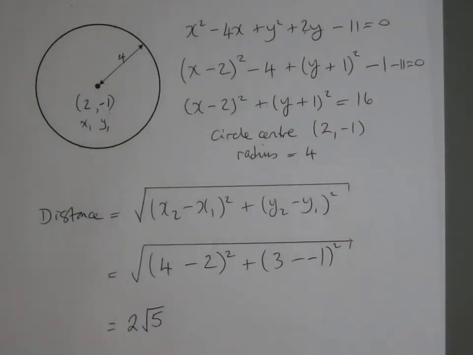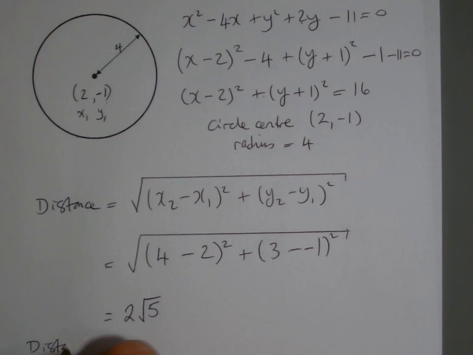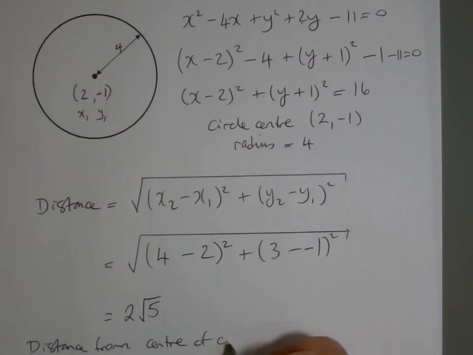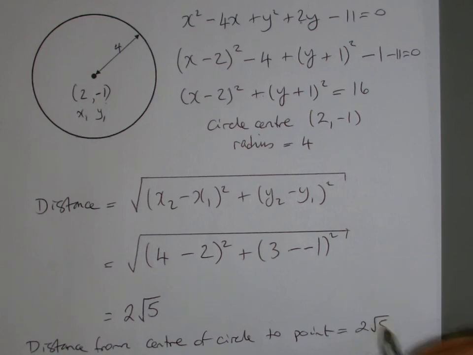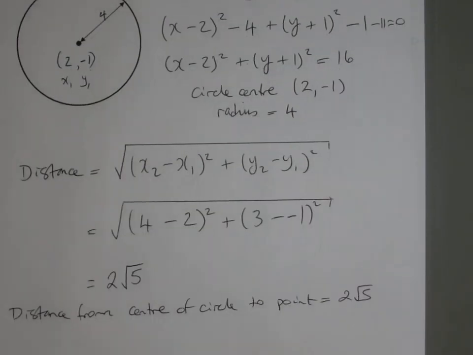Okay, now that's the distance from the center. So the distance from center of the circle to the point is equal to 2 root 5. Let's see what that is as a decimal.